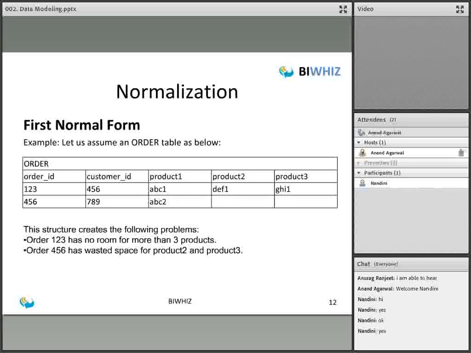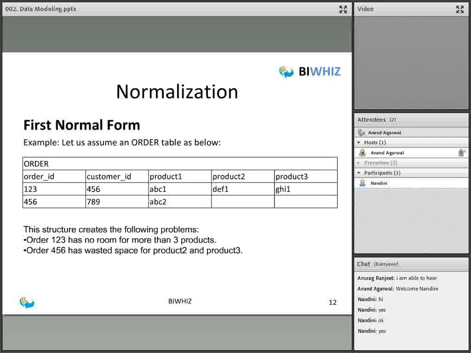You have multiple products or items on that receipt. Though it's one record, if you want to store it in a table and there are multiple items, the item is a multi-value attribute. If you want to store it in a table, something like what you see on the screen, you can imagine what would happen.